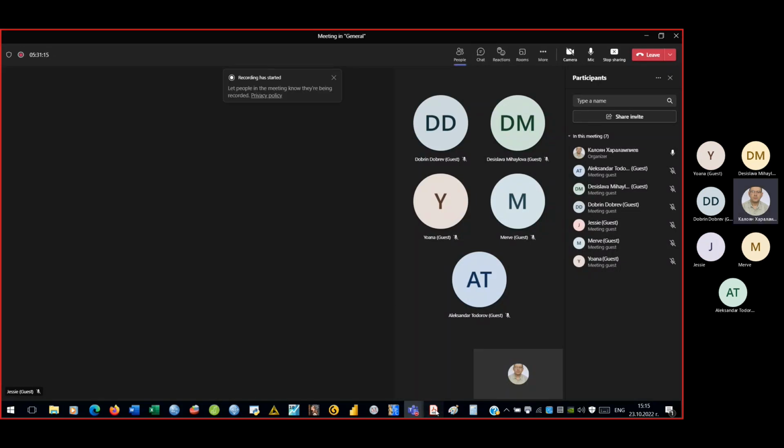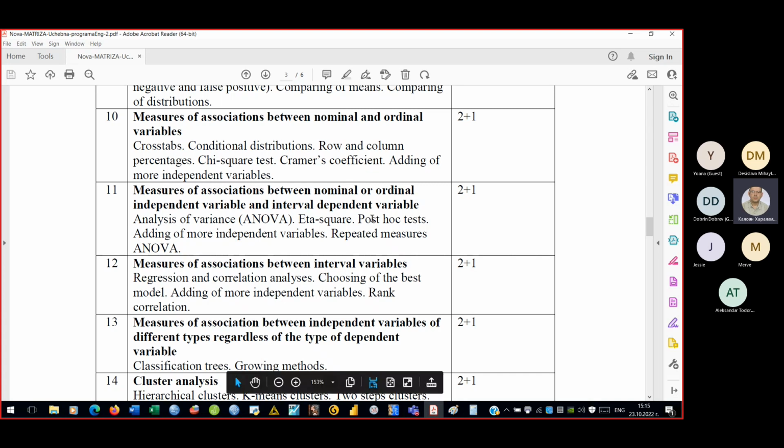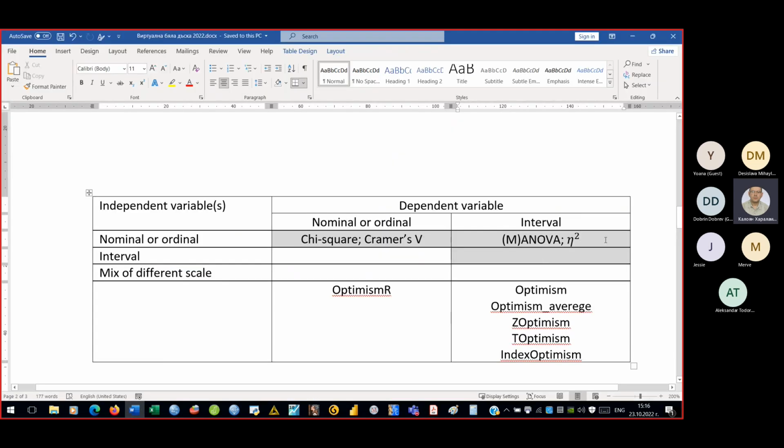The last topic for today is lecture number 13 about measures of association between independent variables of different types, regardless of the type of dependent variable. I will return here to the table and write here regression and correlation.